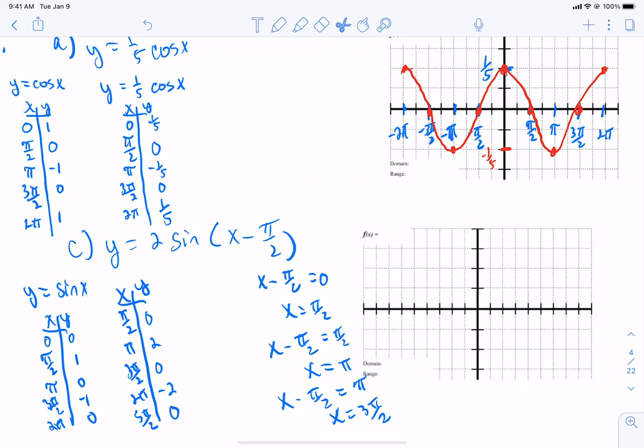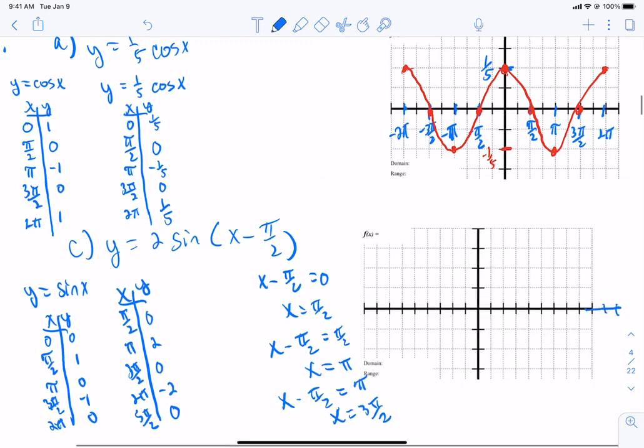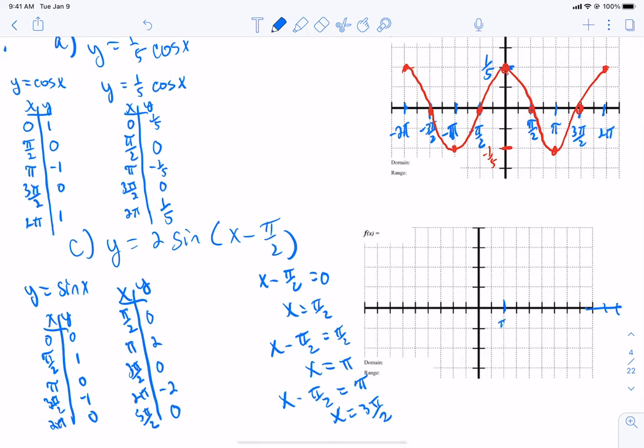So this is going to be pi over 2, pi, 3 pi over 2, 2 pi, 5 pi over 2. And same thing to the right.